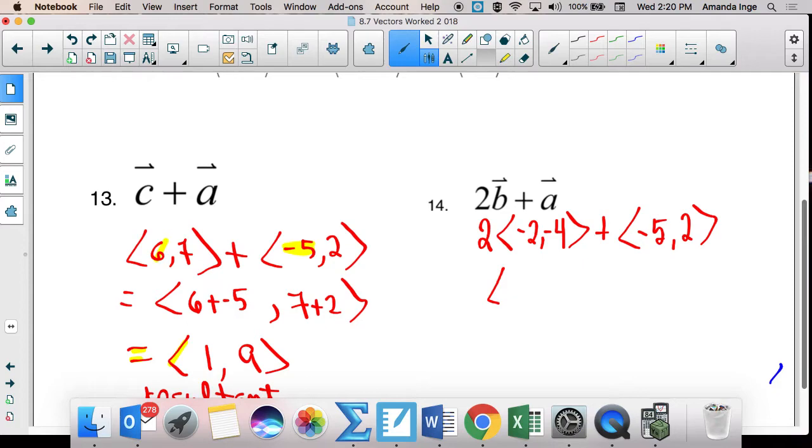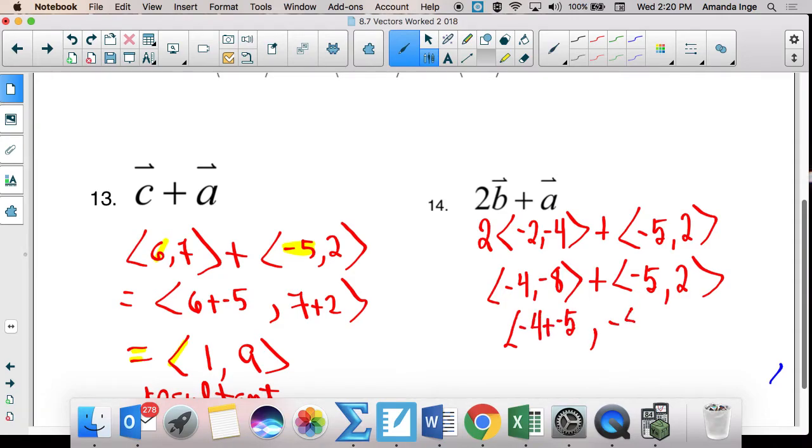So we get -4, -8 before you add the second vector to it. So we have -4 plus -5 and -8 plus 2. So we get -9 and -6. All right, everybody okay with that?